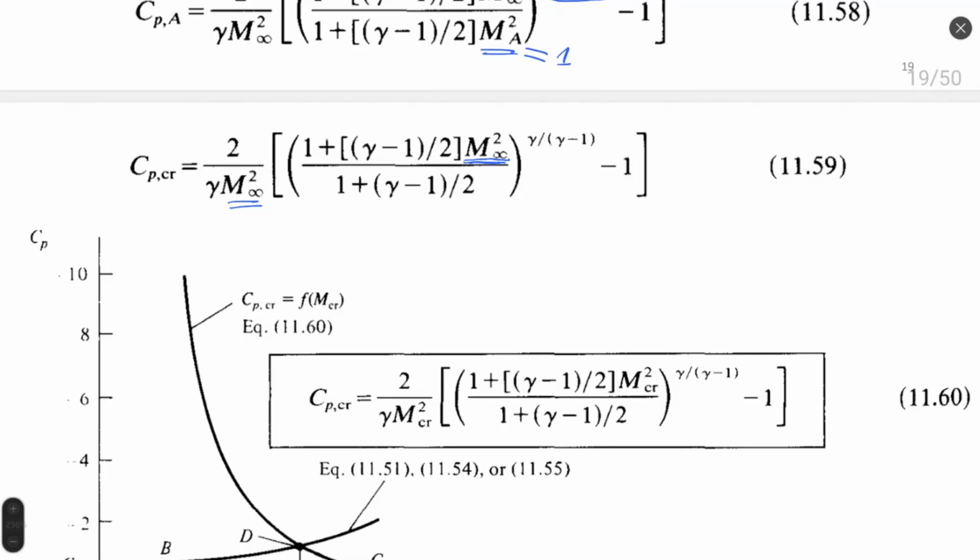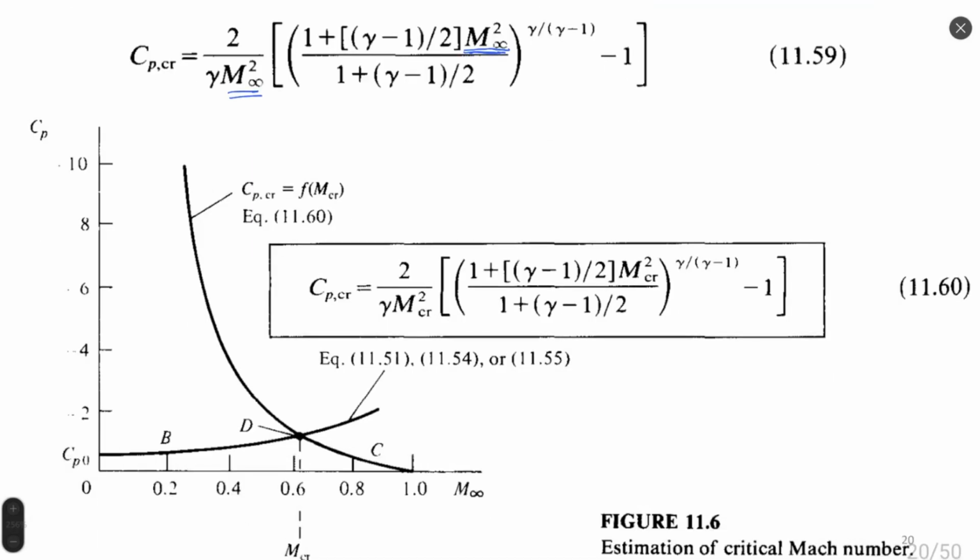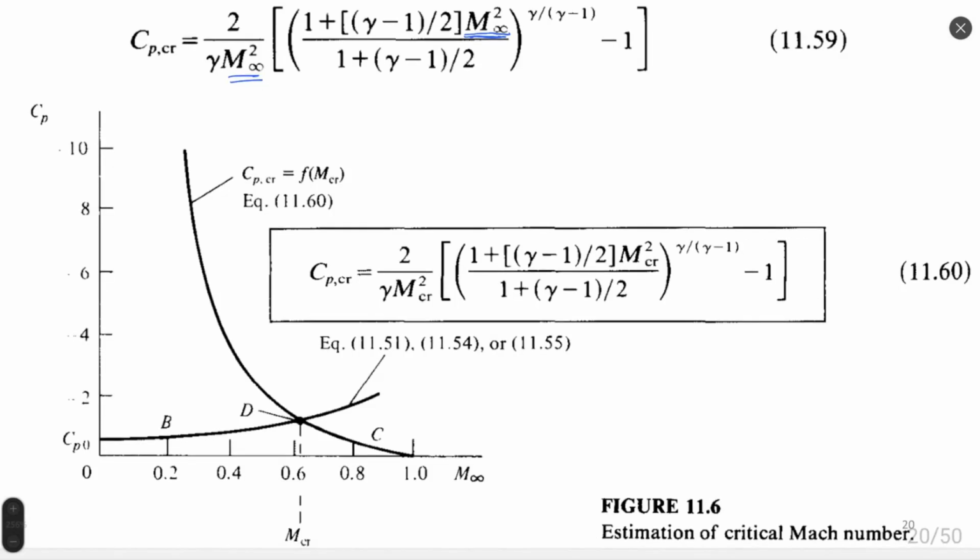We can plot this equation, pressure coefficient versus M infinite. It's a function of just one parameter. You can see this equation plotted on figure 16. This curve here is shown, right?